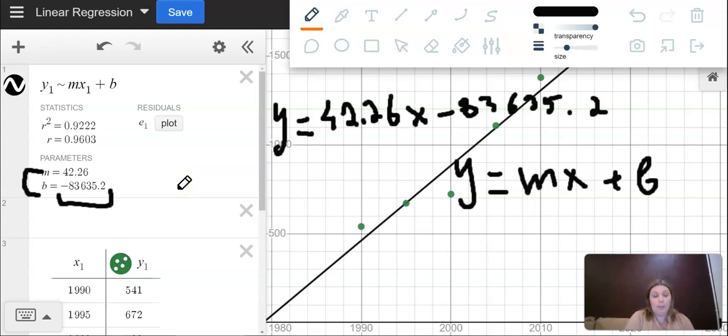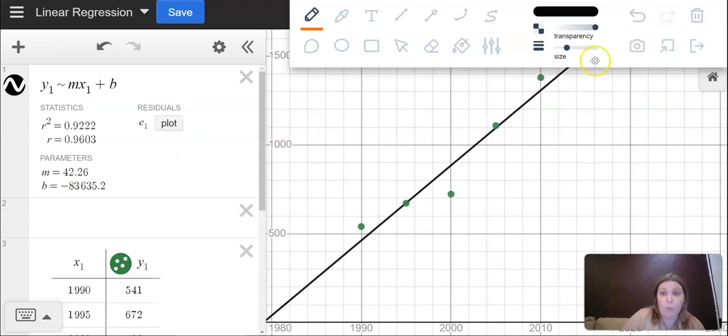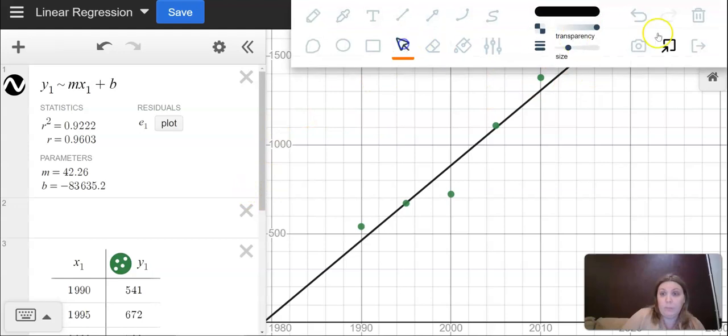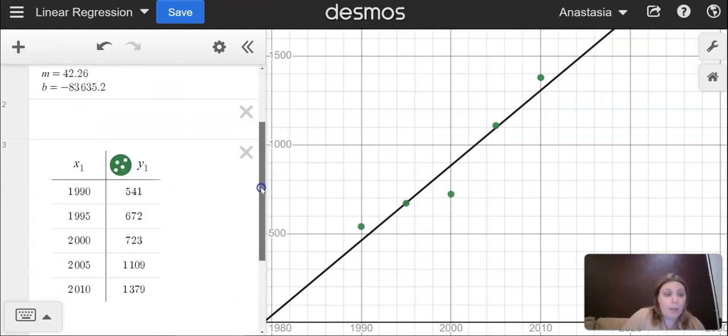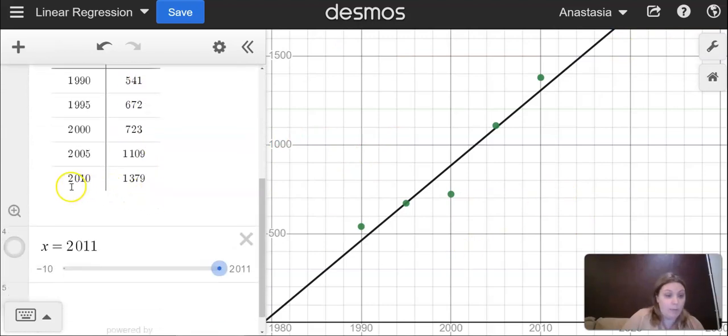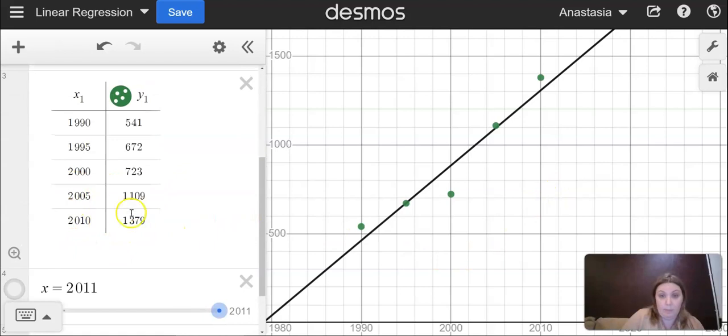The next item that you would have to do, of course, is figure out what is the value of this graph at some point further on. For example, what is the value of this graph at 2011?